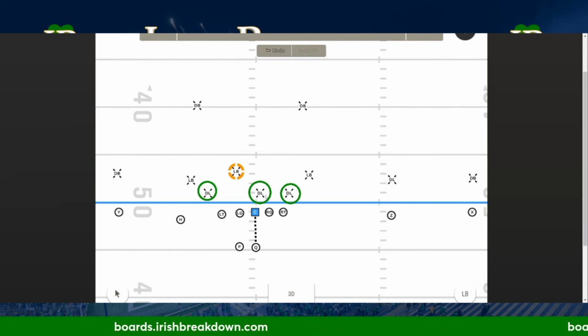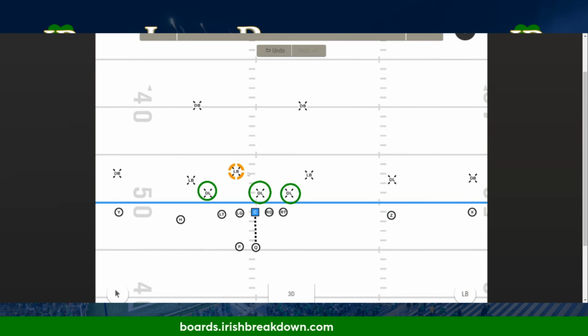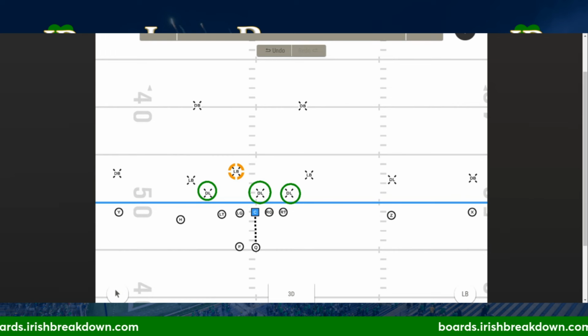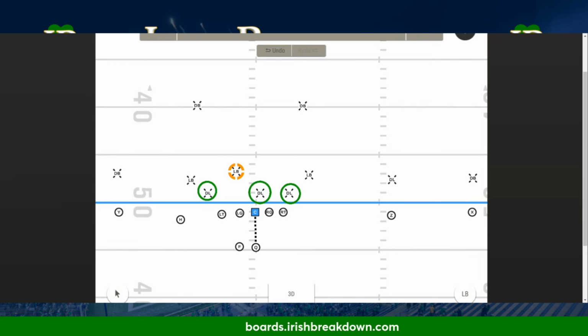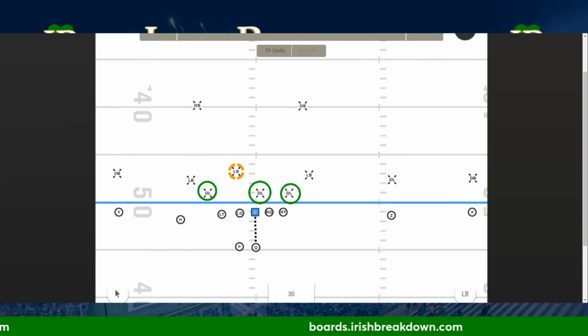So I think if you can find ways to use some of that RPO and allow that middle of the field to open, I think Notre Dame's going to have to run the ball with some success. And I think ultimately, Riley Leonard's legs is what can negate this style of defense, because when you're bringing pressure like this, anytime, as we've talked about before, anytime you bring pressure, you're going to create some open lanes.